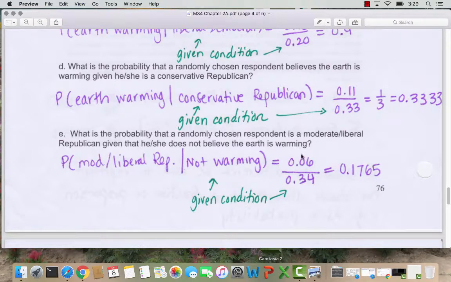And then our numerator is the 0.06, the part of the survey that were moderate or liberal Republicans. So if we divide, we say this is 0.1765 as a proportion. As a percent, we could say 17.65% of those who believe that the Earth is not warming are moderate or liberal Republicans.